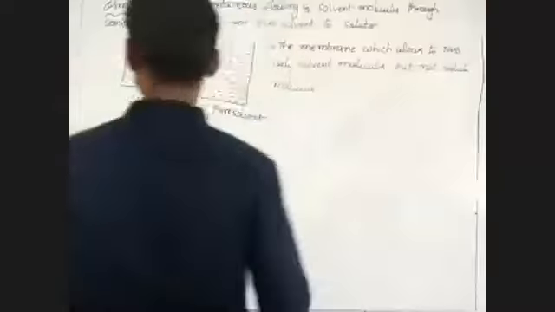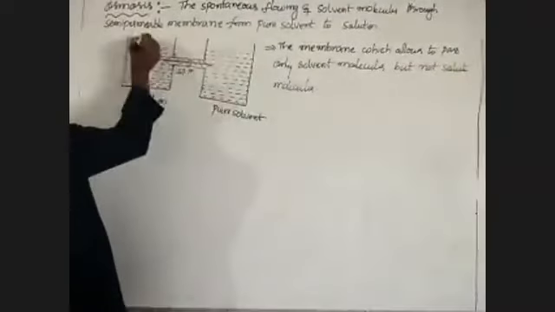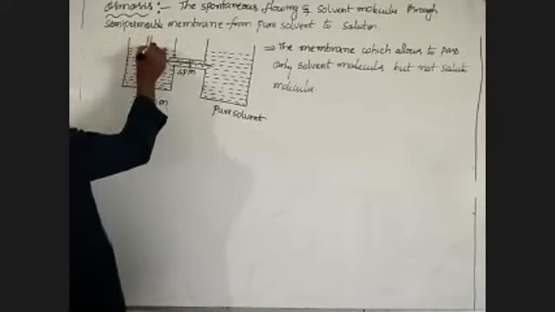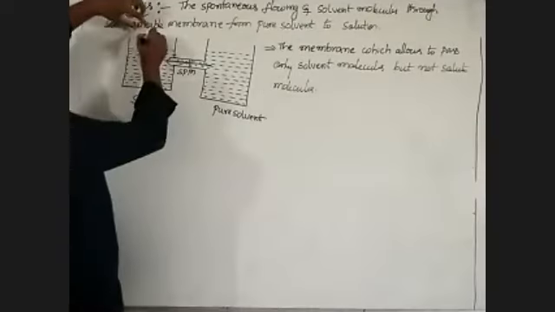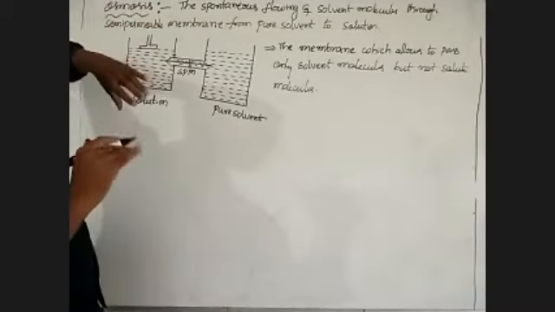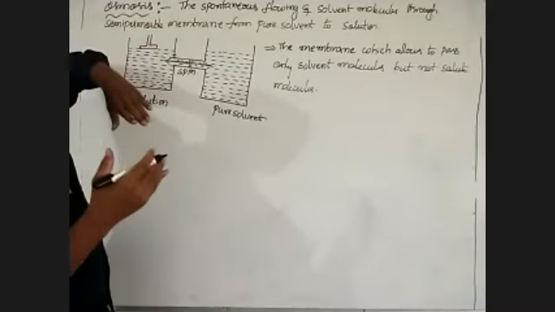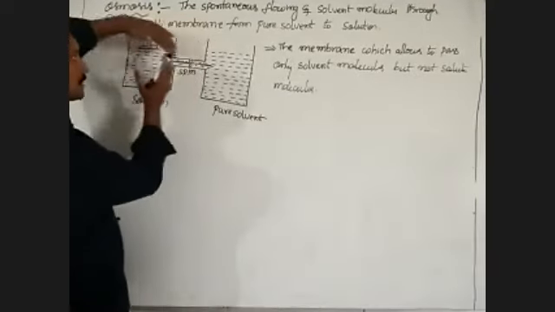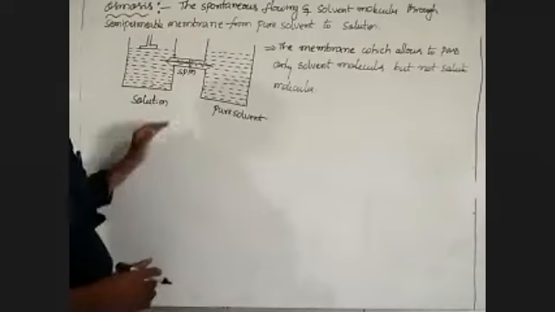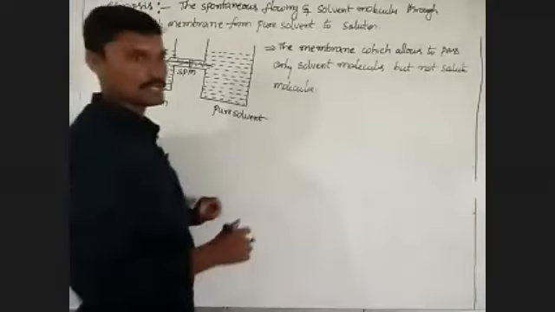Okay. Next one, the pressure exerted on the solution to stop the osmosis, that means the flowing of solvent molecules from the pure solvent to the solution, is called osmotic pressure. It is very important.